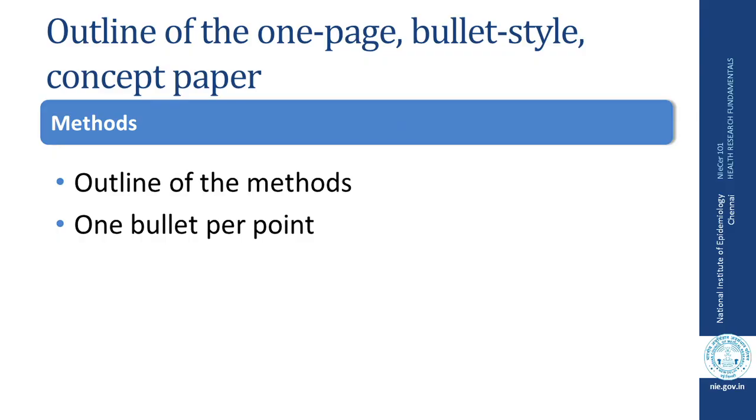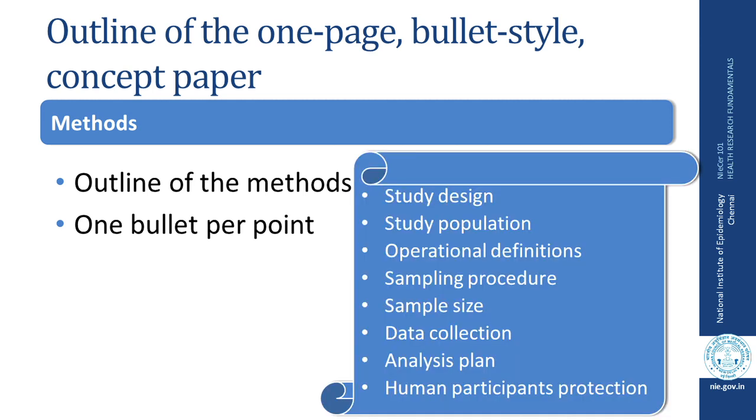The next section is on methods. It has to give by bullets an outline of all the aspects of methods covering, for example, study design, study population, key operational definitions, the sampling methodology by which you will select your study participants, the calculation of sample size and key considerations for sample size, the data collection procedures, who will collect, what will they collect, and an analysis plan around the key objectives.